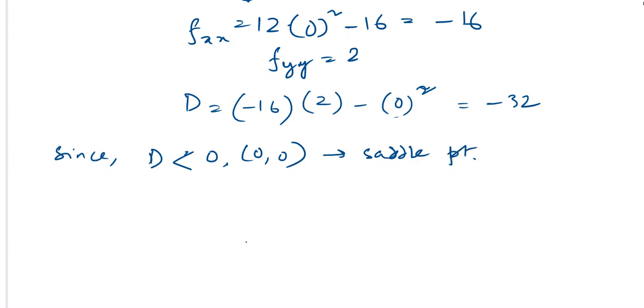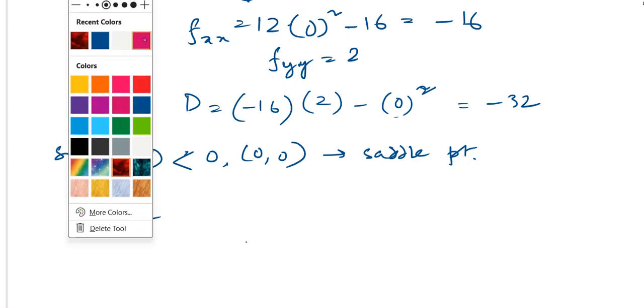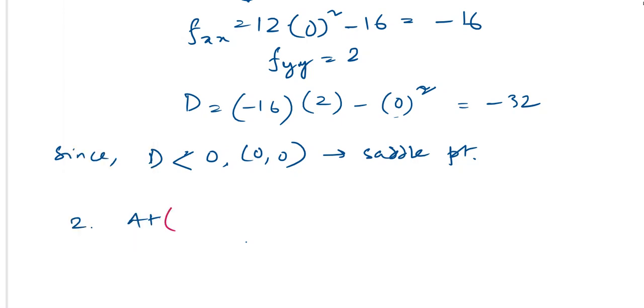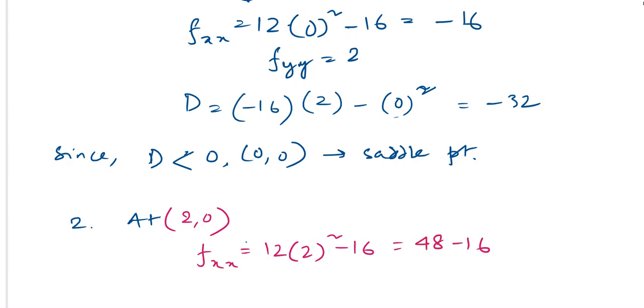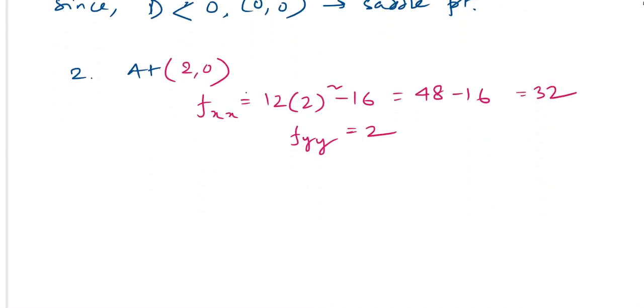At the second point, 2 comma 0, f of xx equals 12 into 2 square minus 16, that is 48 minus 16 equals 32, and f of yy is 2.